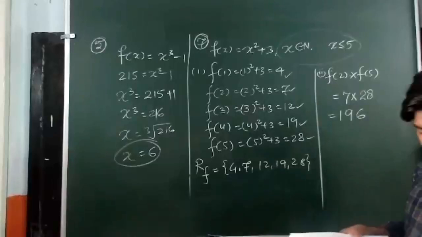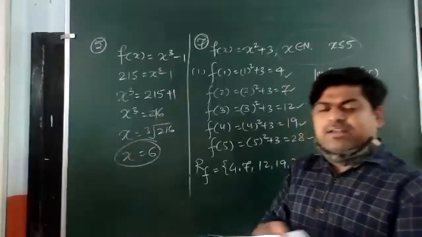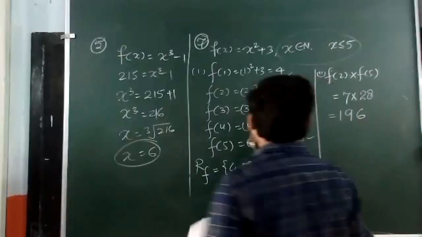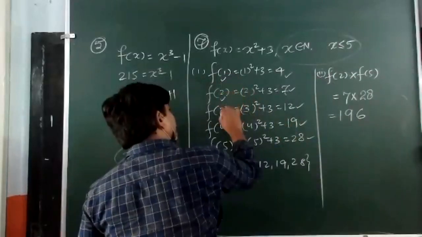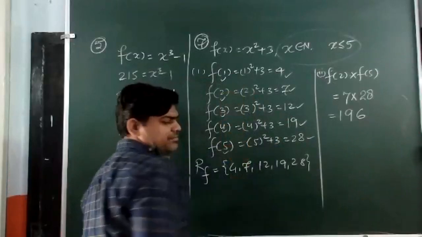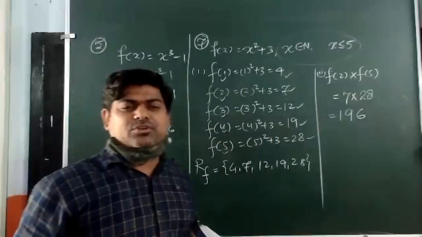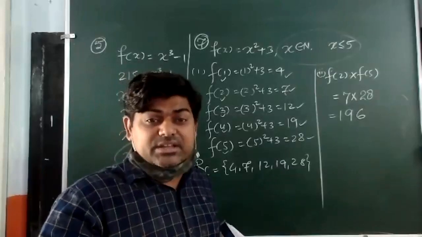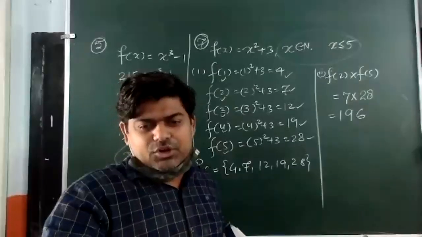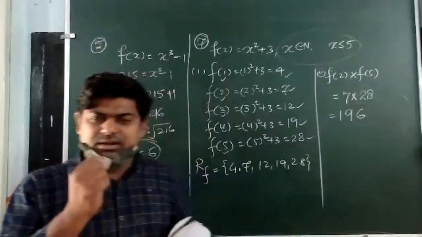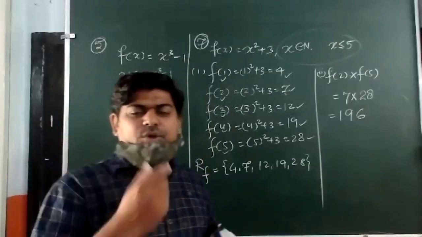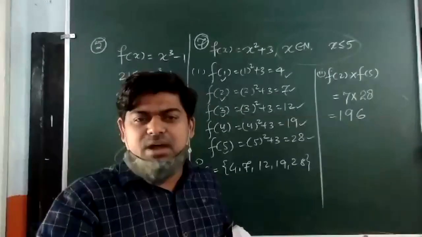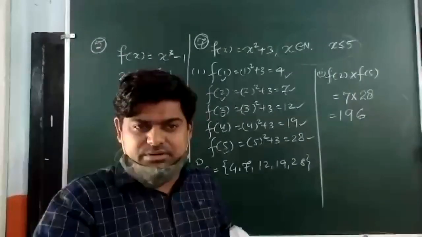Now it's written, does f(-3) exist? My dear students, I got f(1), f(2), f(3), f(4) and f(5). Why did I get it? Because it's written x belongs to natural numbers and x is less than or equal to 5. Now the question is, does f(-3) exist? Simply you can say it does not exist because -3 is not a natural number.